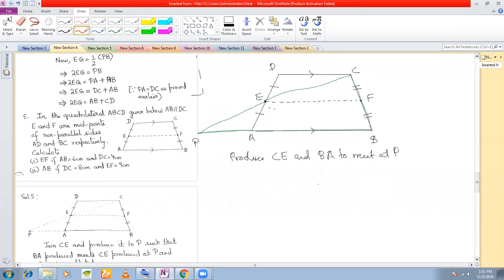Which two triangles? These two triangles. Not this side. My mistake.